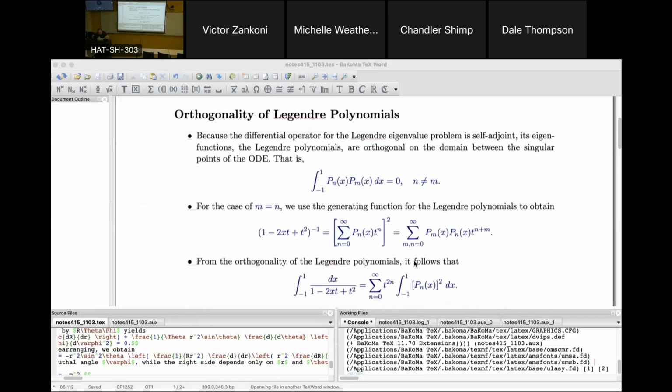I don't know if it'll show up on the screen. Oh, it's not. Weird. Oh, I see the problem. Okay, so I can just change which one I'm sharing.